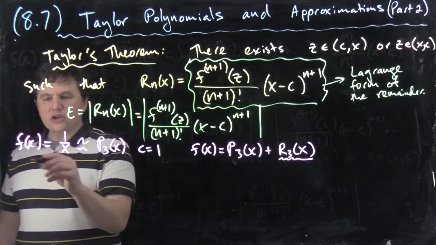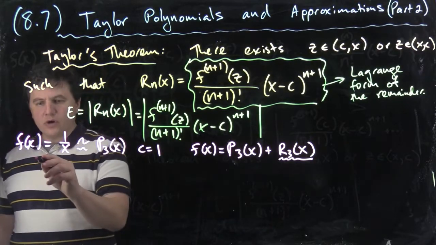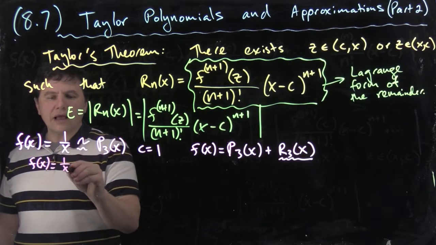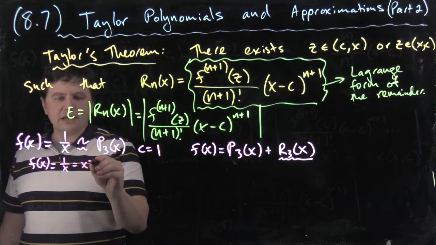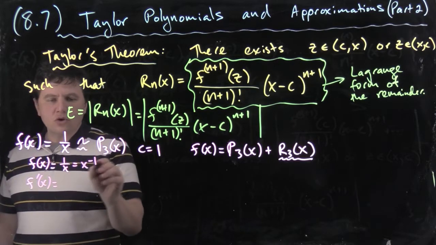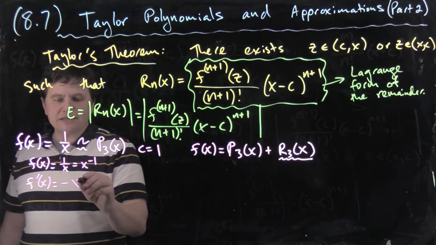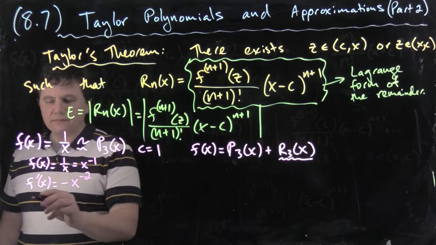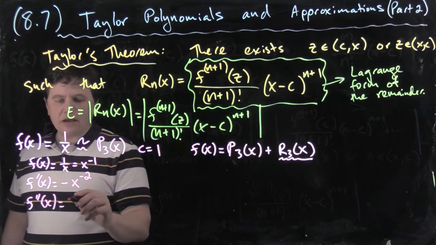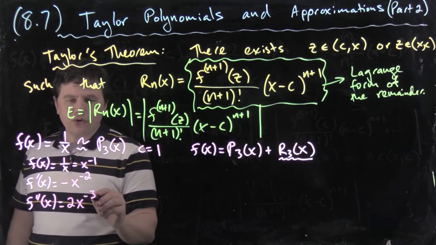Okay, so we're going to start off like we did before. We're going to have f of x equals 1 over x, so we'll call that x to the negative first. Okay, f prime of x, we take the derivative of that, so that'll be negative x to the negative second. The second derivative will be 2x to the negative third.